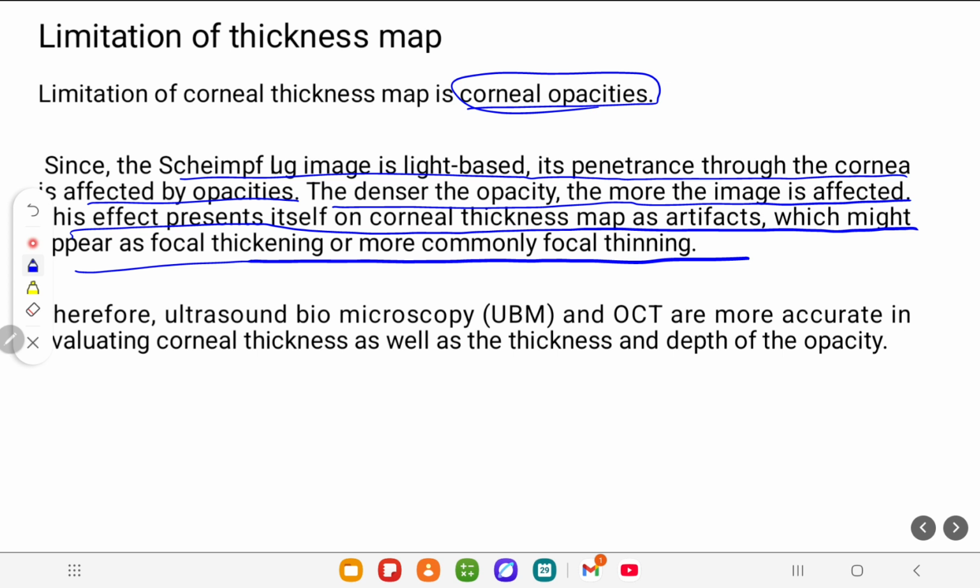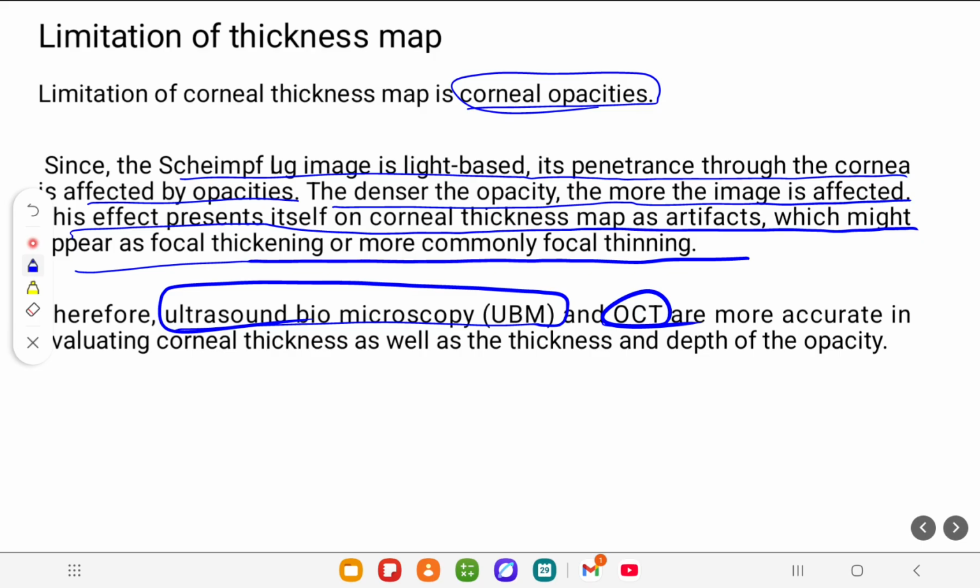Just remember, if there is any scar, don't rely on the thickness map. Therefore, ultrasound biomicroscopy or OCT are more accurate in evaluating corneal thickness as well as thickness and depth of opacity. It's very important.